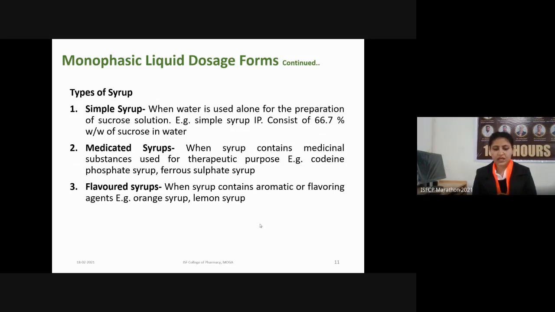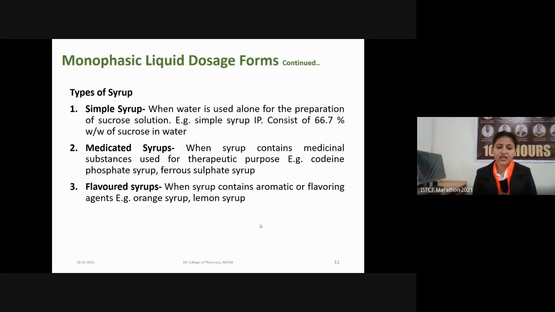The third type is flavored syrup. When the syrup contains aromatic or flavoring agents, meaning if in a syrup along with sucrose we add any aromatic or flavoring agent, that kind of syrup is known as flavored syrup.